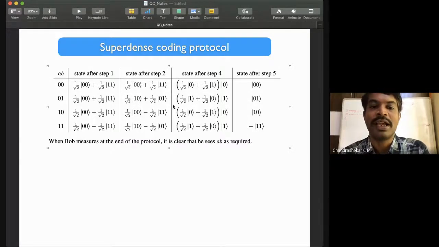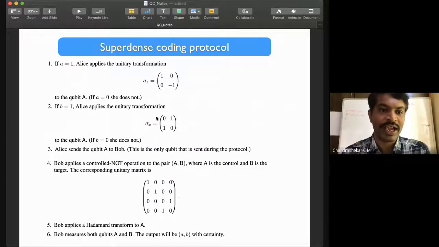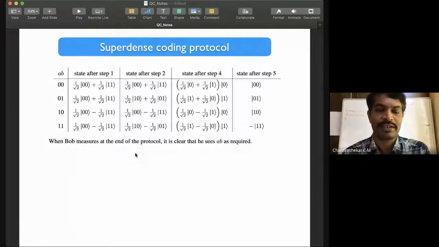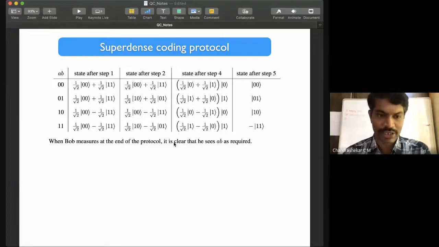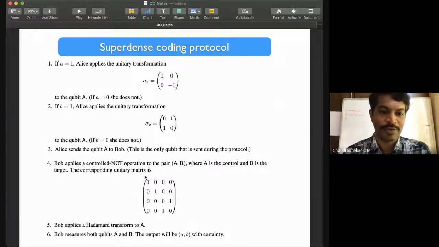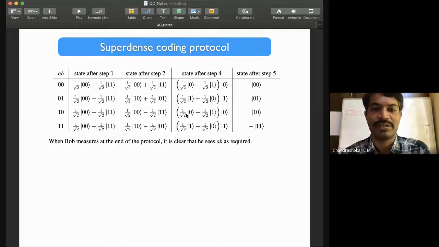And then there is step 4, where Alice sends both to Bob and a controlled NOT gate is done. You should actually see that steps 4 and 5 are combined in this step.